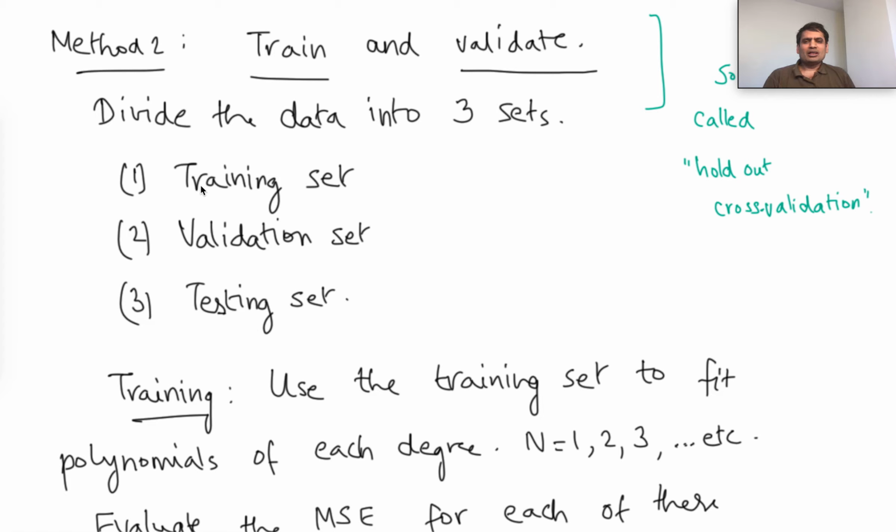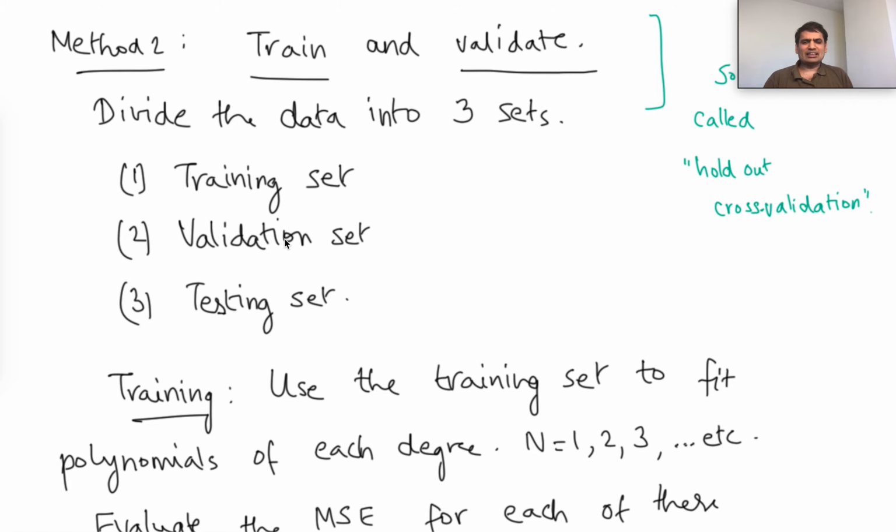So the training set you've already used to actually fit the data. The validation set you're also using to actually pick the optimal value of n. And then the testing set is kind of a third set which you have not yet used in fitting your function.